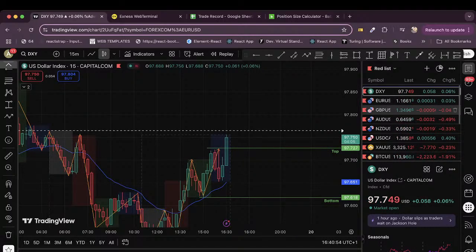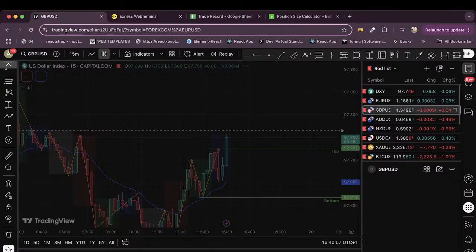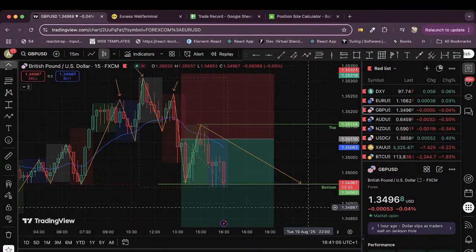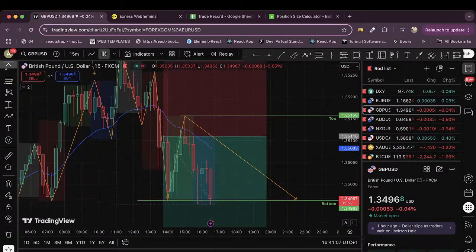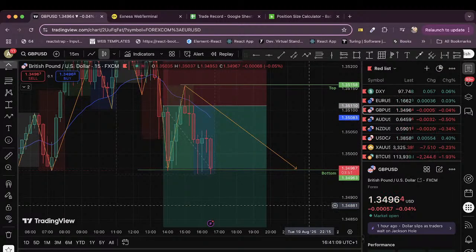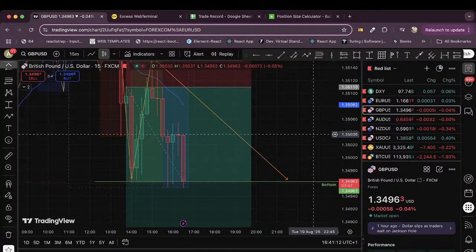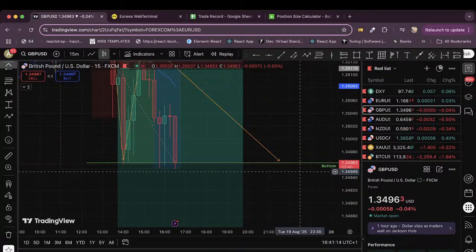I think break even is the best option you can get in any trade you take. If you can reach a point whereby your stop loss is in break even, that's the best feeling you can ever get. All right, so please, British pound, it is extremely important that you break that bottom and keep on and close below it.